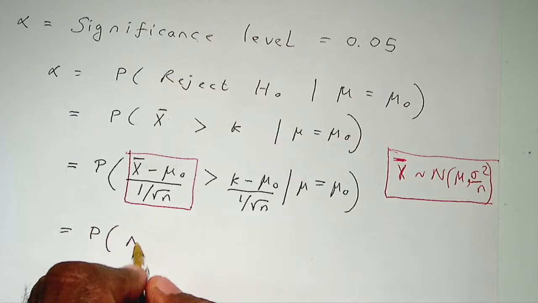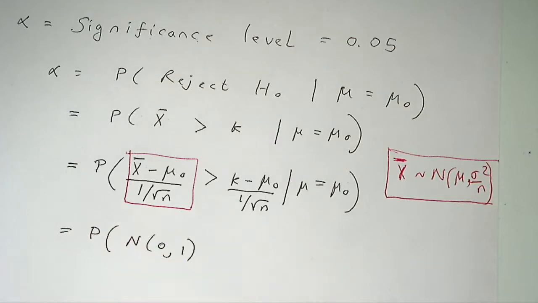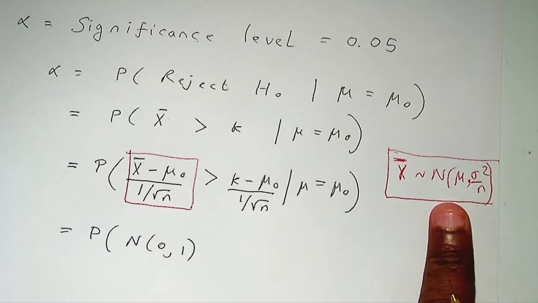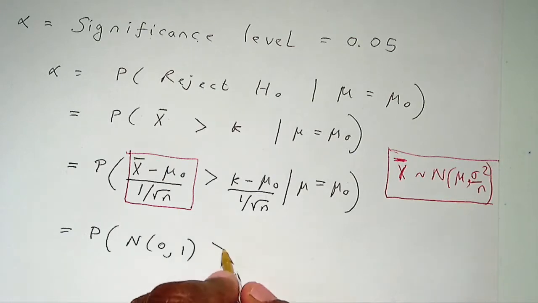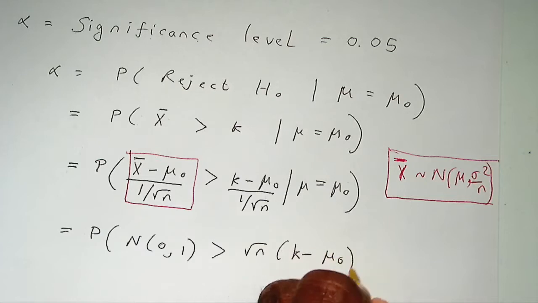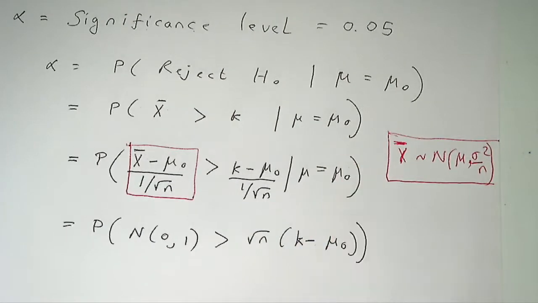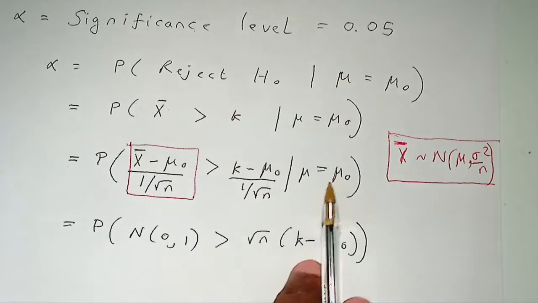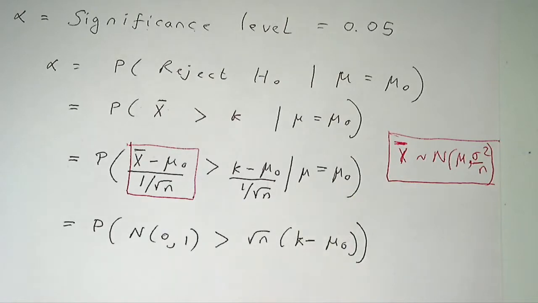Now, this guy here must have the standard normal distribution, right, because of this, right? Okay. Now we don't need the conditioning anymore because I have made use of the conditioning to argue that this has the standard normal distribution, and therefore the conditioning that mu is equal to mu 0 is not needed anymore, right?